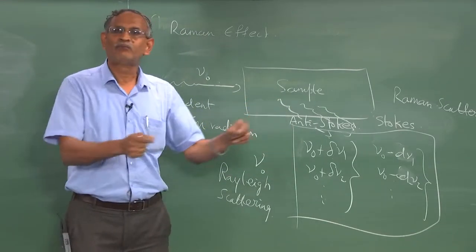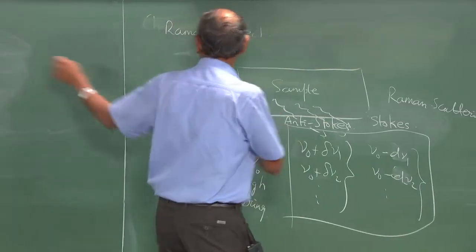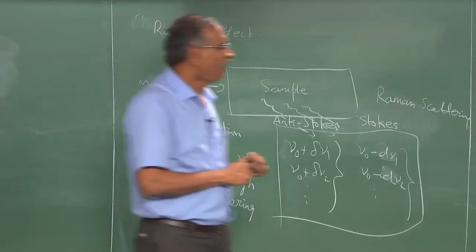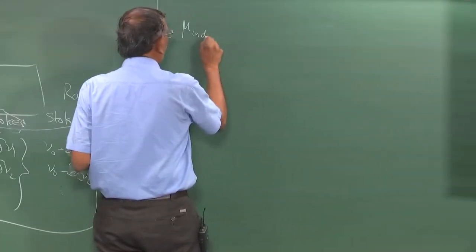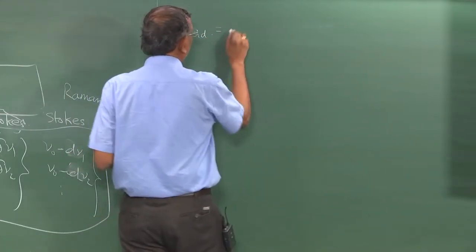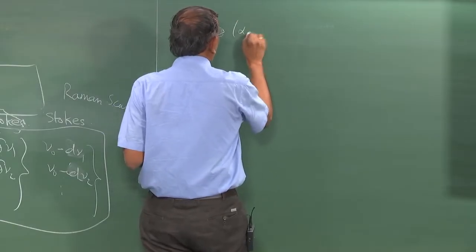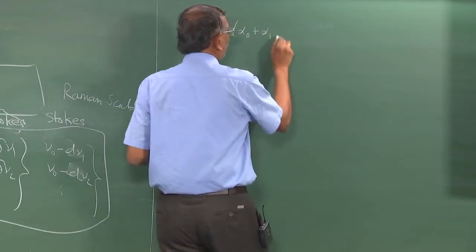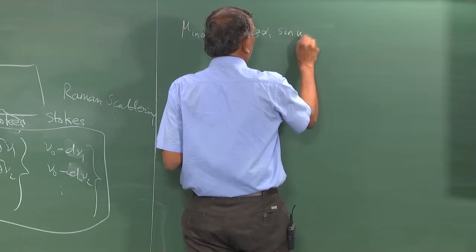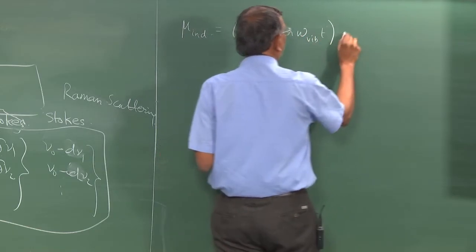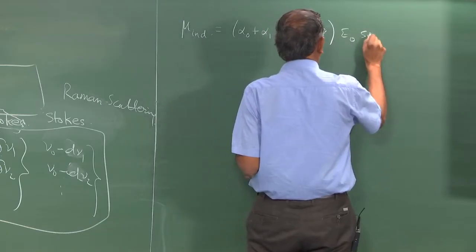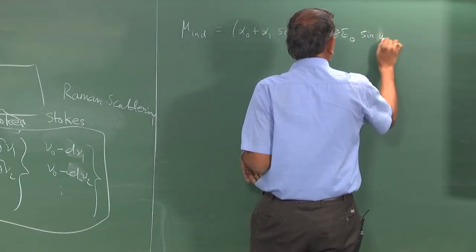We understand this from the last line that we wrote before we introduced the Raman effect, namely the induced dipole moment that we wrote down is alpha naught plus alpha 1 sine omega vibrational t times E naught sine omega t.